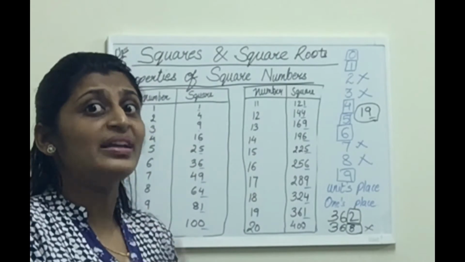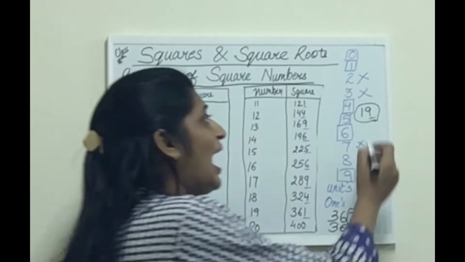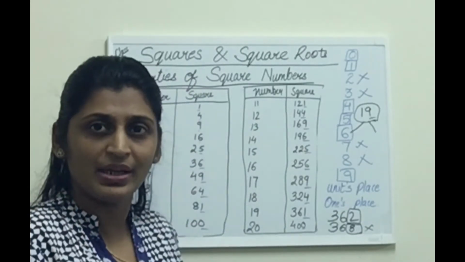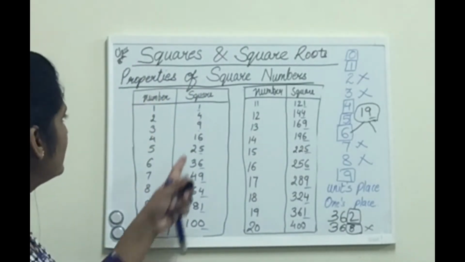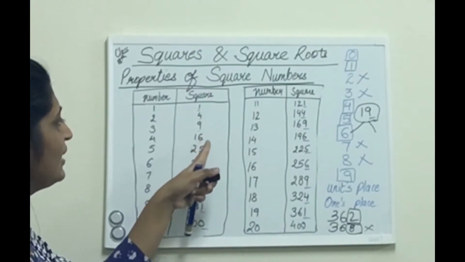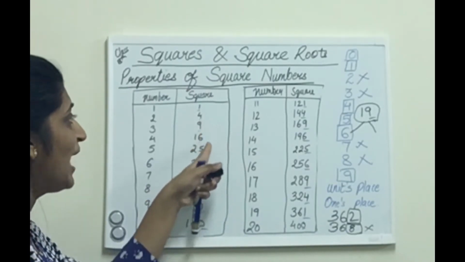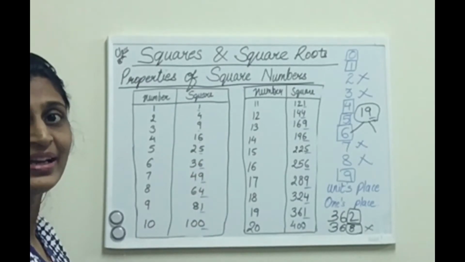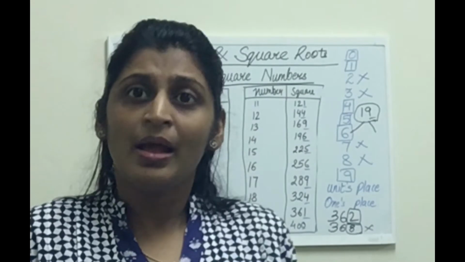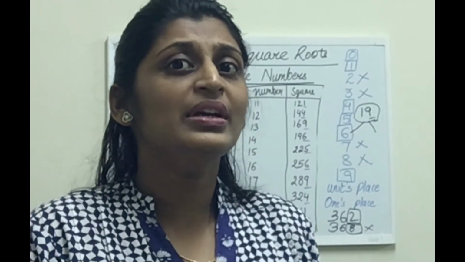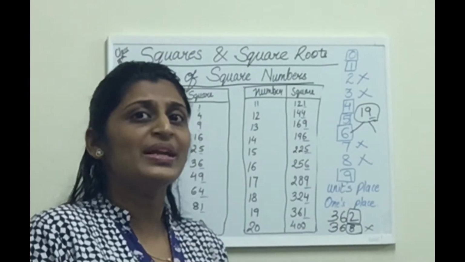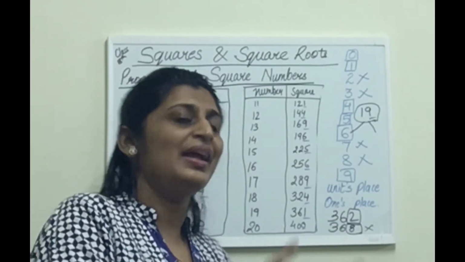But I am not confirmed. I can say it may be, it may not be. Because here, see, 9, and then the next number is 16, and the next number is 25. So no 19 is there. Having 9 at unit place doesn't conclude surely whether the number is a perfect square or not. But you can say yes, it can be, it cannot be.